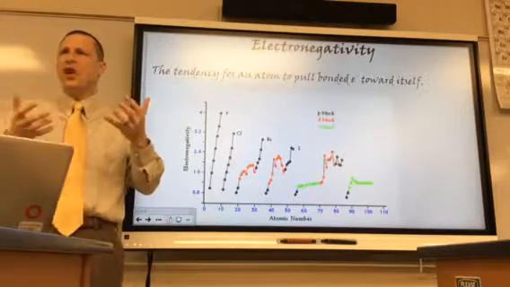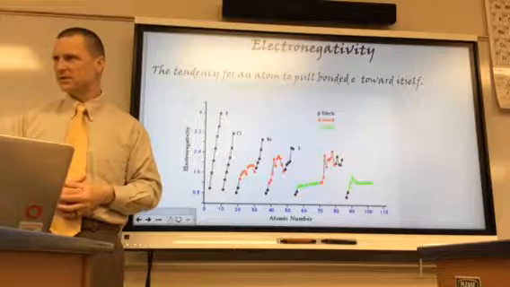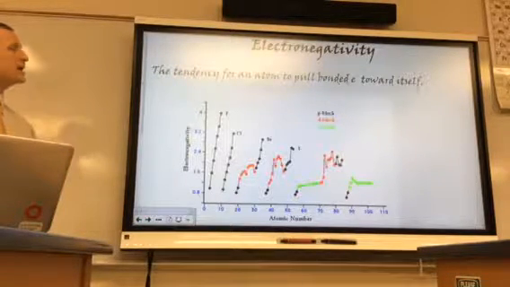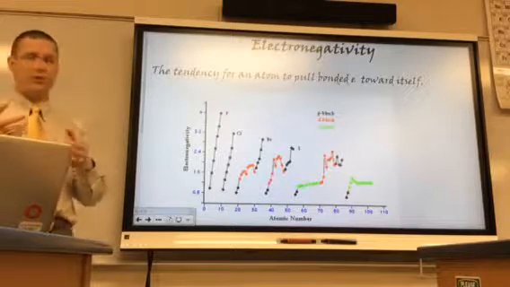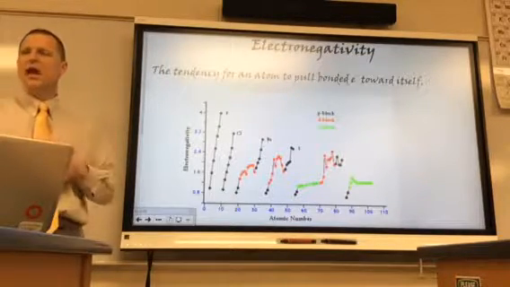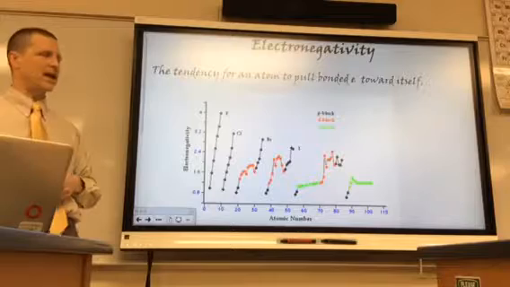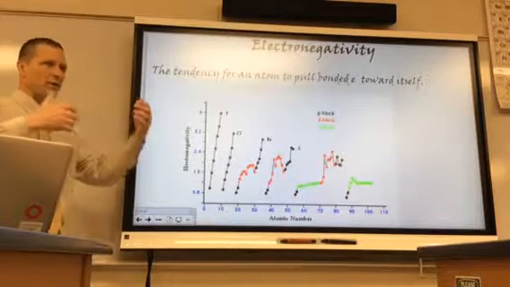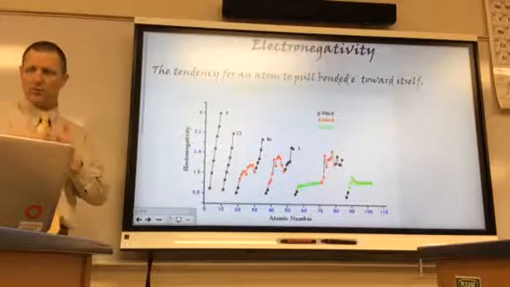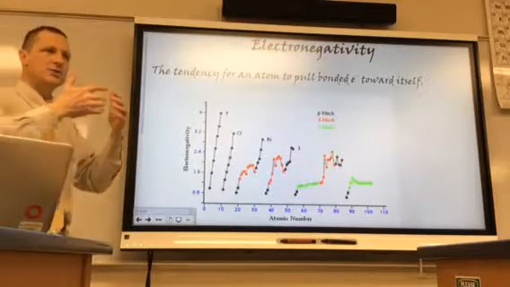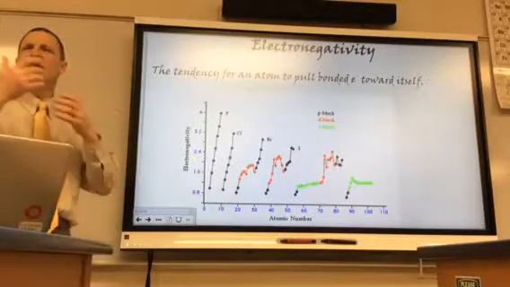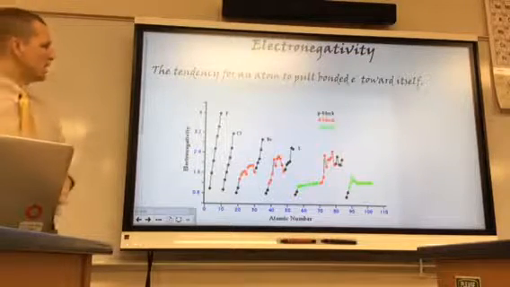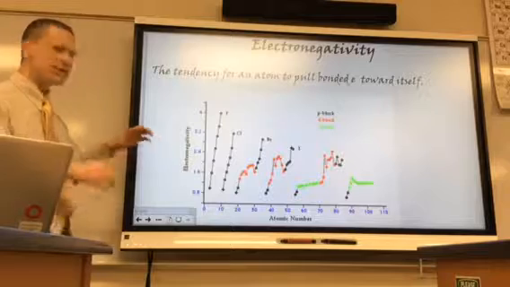It's really the attraction for bonded electrons that an atom has. It's only measured on a relative scale. You can't take an instrument and measure how good an electronegativity of an atom is. We just have to look at, okay, when fluorine is bonded to oxygen, who's got the electrons more toward themselves? Then when oxygen bonds to nitrogen, who's got the electrons more toward themselves? So it's a relative scale. Notice the electronegativity in the y-axis, no unit.